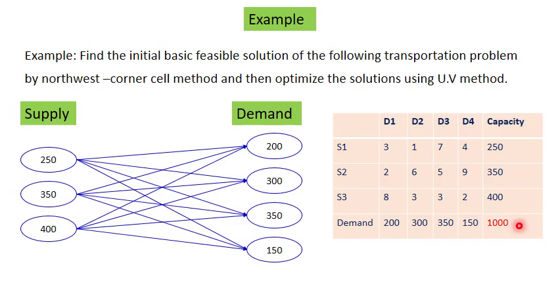And this is the sum of the supply and the sum of the demand. This table indicates that it is a balanced transportation problem, because the sum of the demand equals the sum of the supply, which is 1000.